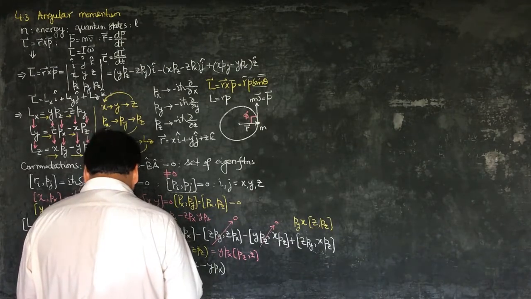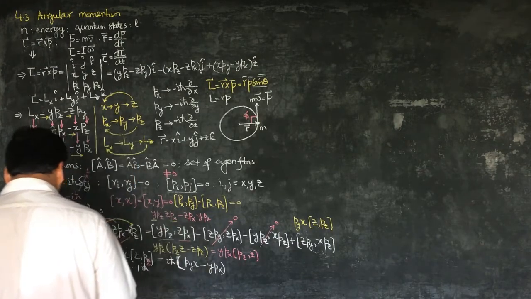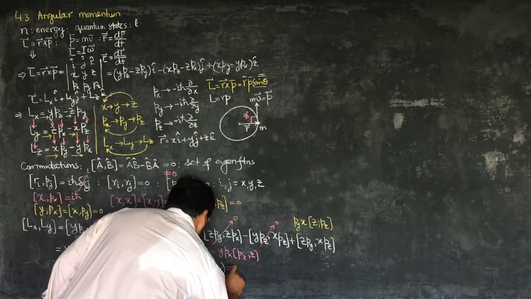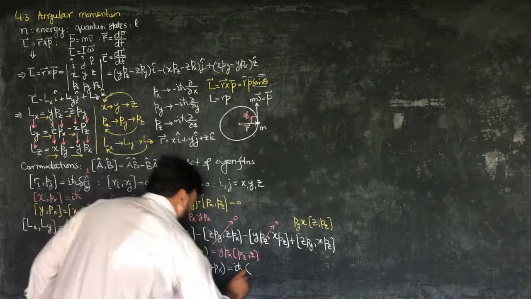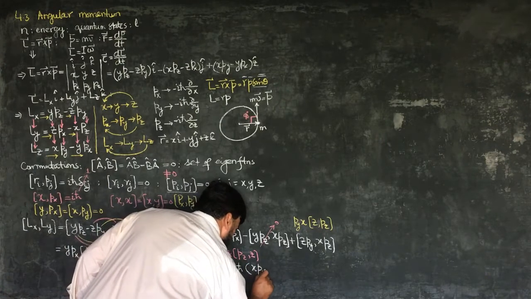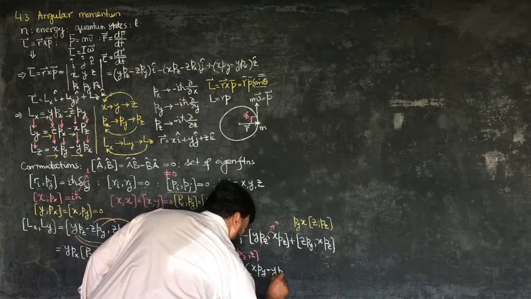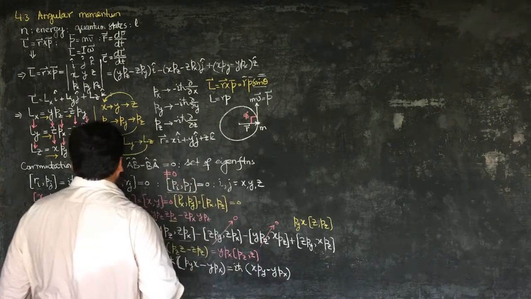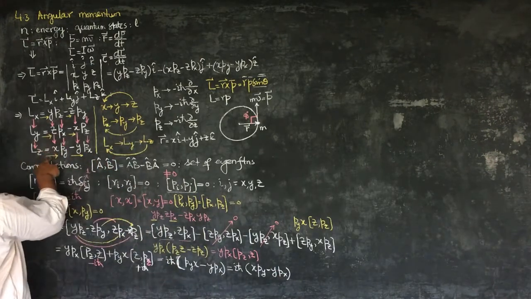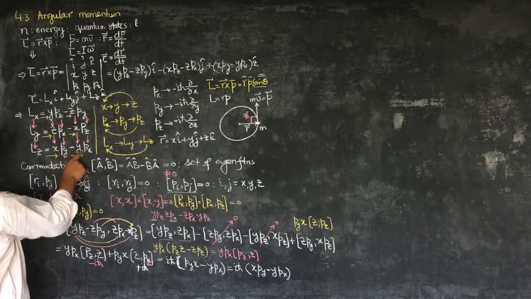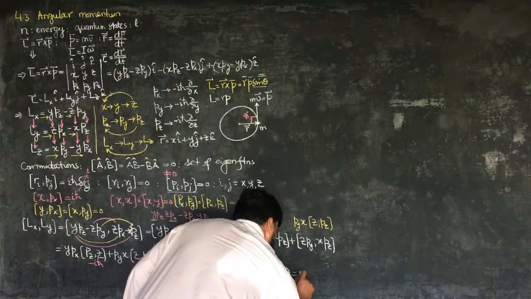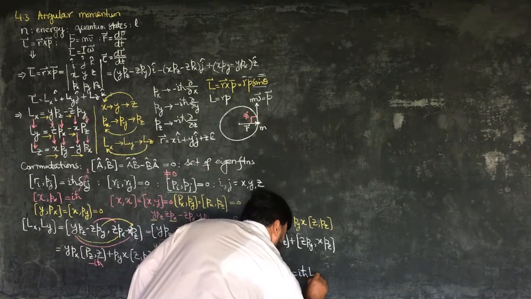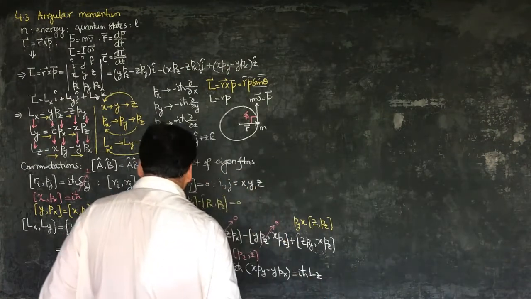So I can write this one: this is ih bar, and as this was common, so this is xpy minus ypx, and this is equal to ih bar and lz.